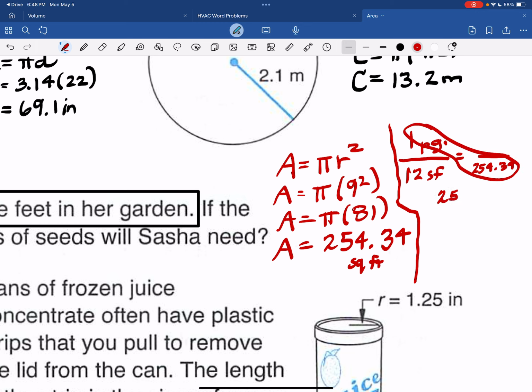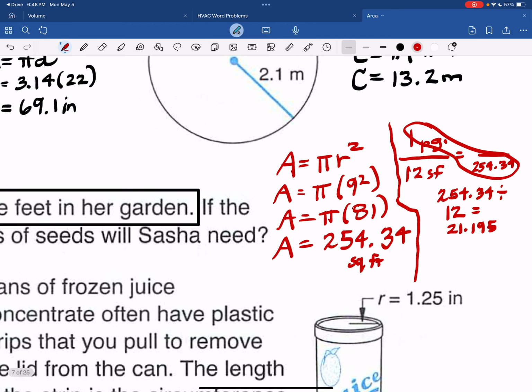So 254.34 divided by 12. If you knew to divide, it's fine. That's 21.195 packages. So she's going to need 22 packages. 21 is not enough. So I'm going to go with 22. You have to round up to be sure that you can cover all the area.